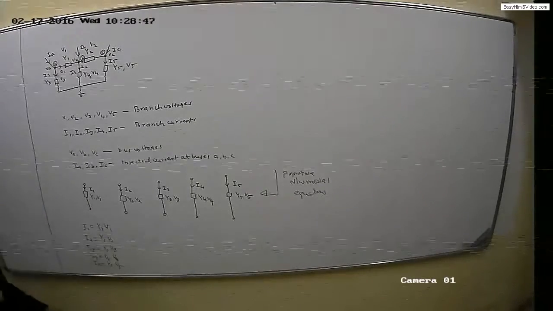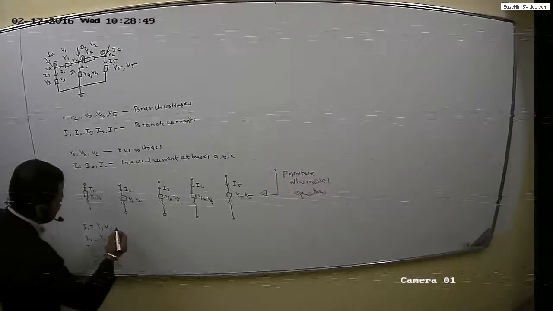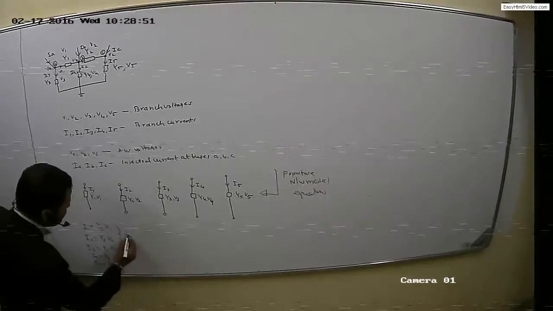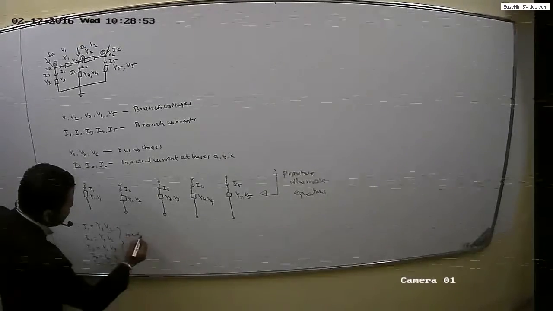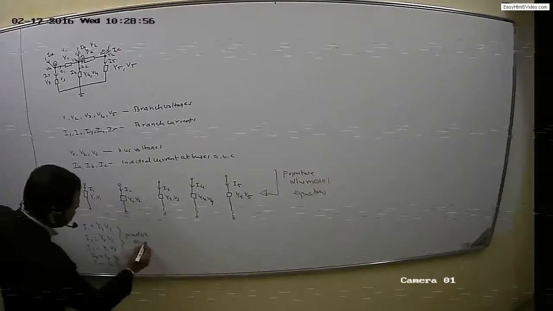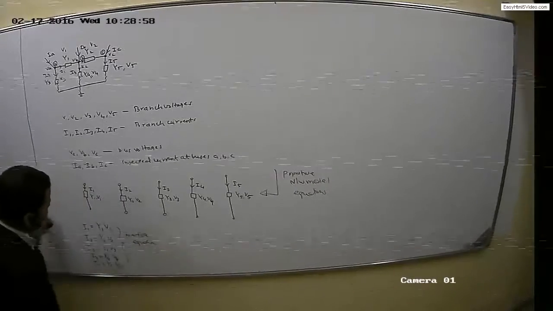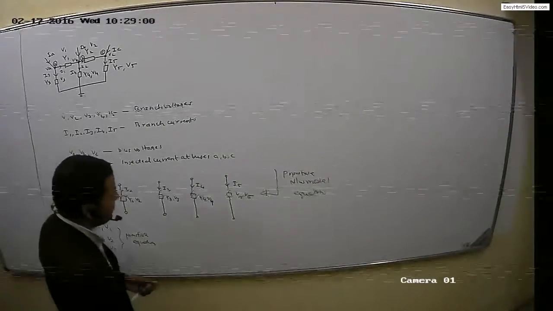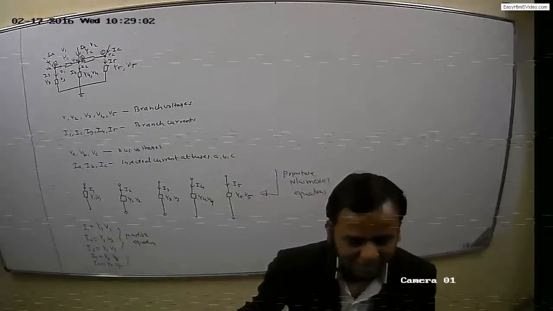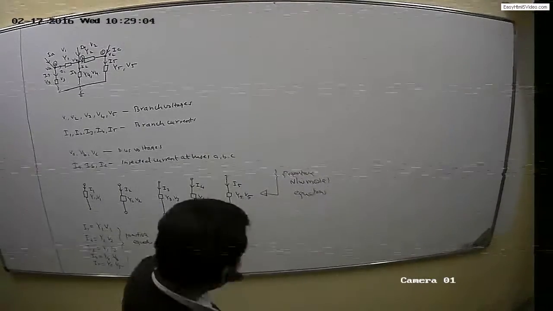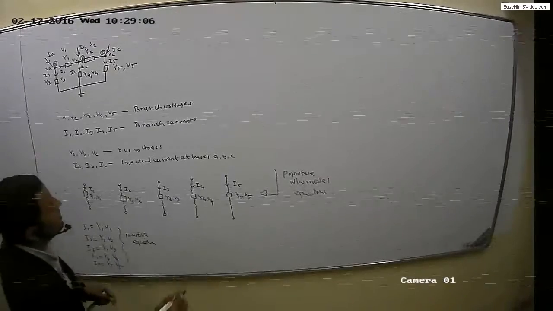Now these are the 5 equations. These are known as the primitive equations for this network. Now can I write these equations in the matrix form? So the answer is yes, I can write down these equations in the matrix form.